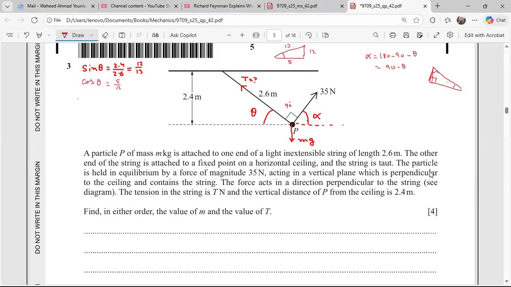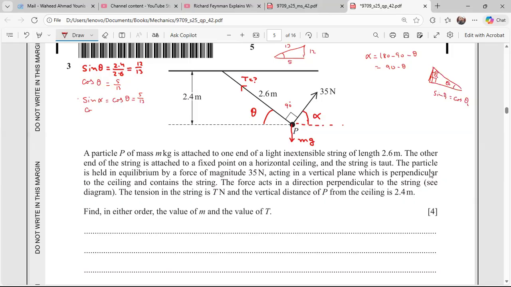If I call them theta 1 and theta 2, then sine of theta 1 is the same as cosine of theta 2. So if two angles are complementary, the sine of one is the cosine of the other. With this same logic, sine of alpha is the same as cosine of theta, which is 5 over 13.